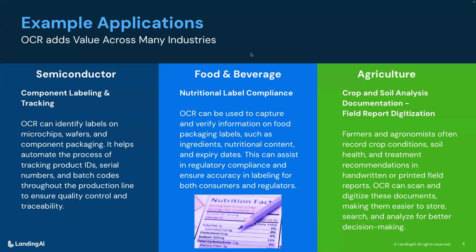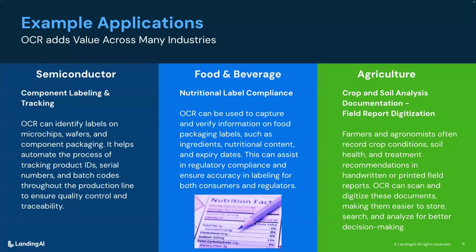And then finally, from an agriculture perspective, there's also a lot of opportunity to embed OCR when you're looking at a lot of the reports that are very extensive from farmers and agronomists. I struggle with that word, but they record all of those crop conditions and soil information.